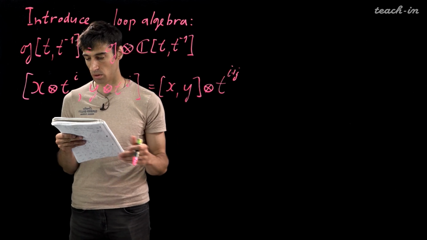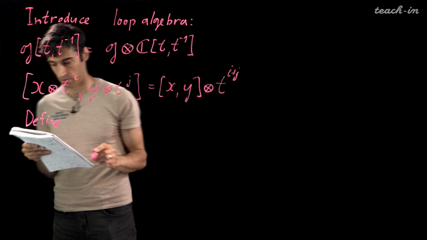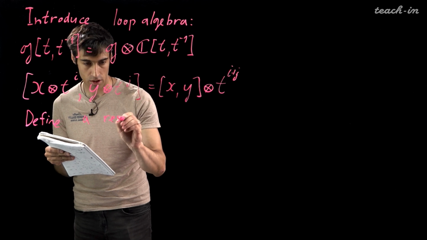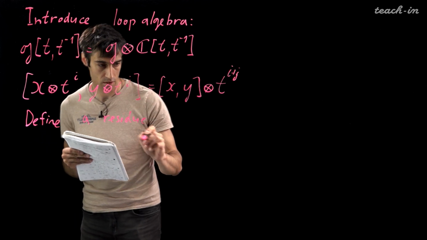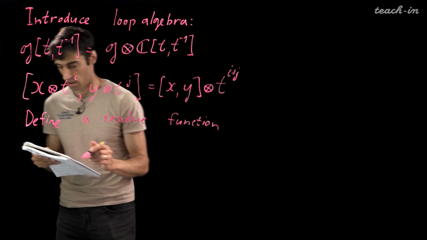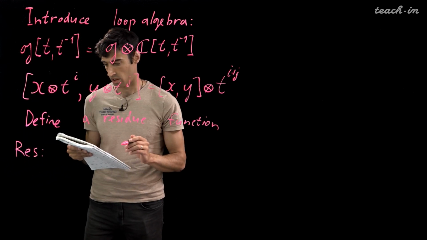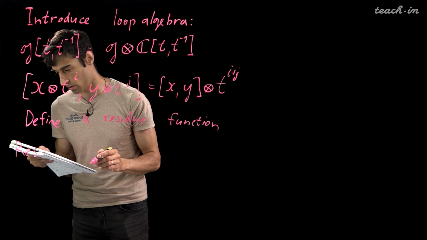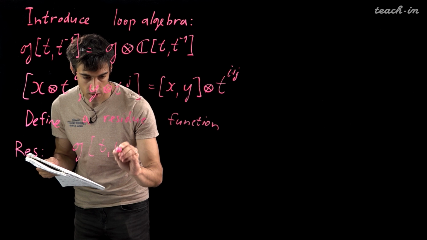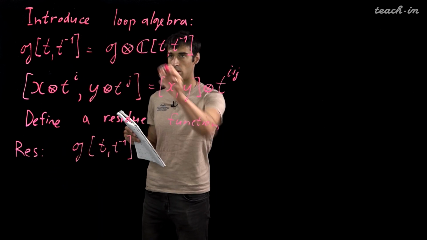I will also need to define the residue function. Let's write res for the residue function. It's a function from g tensor C[t, t inverse]. So our goal now is to construct some Tuka cycle on the loop algebra.